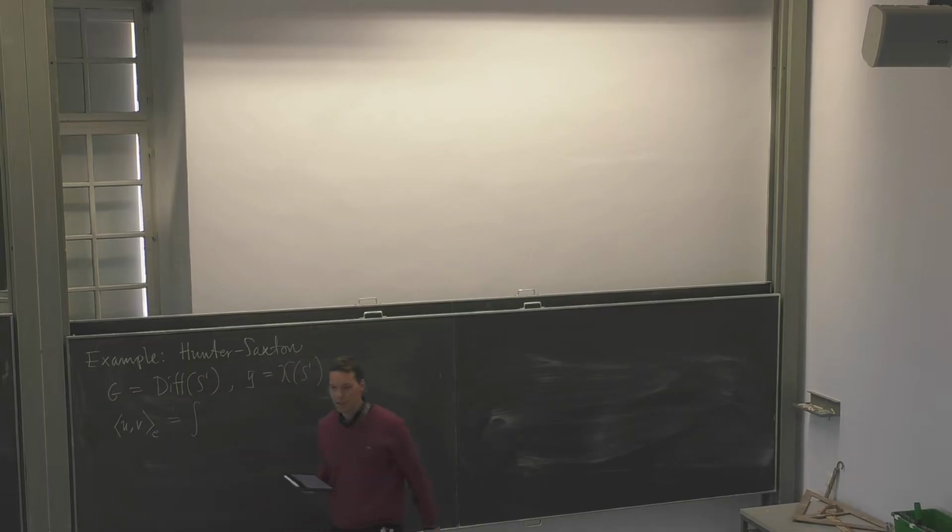I'm using a volume as well, and I'm differentiating as well. So let's just write it like this: u_x v_x. These are derivatives with respect to the variable in S1.